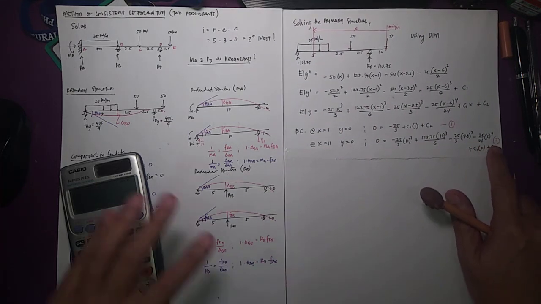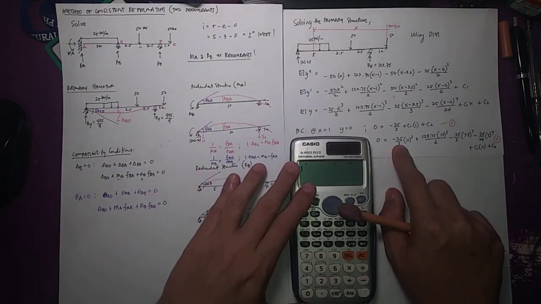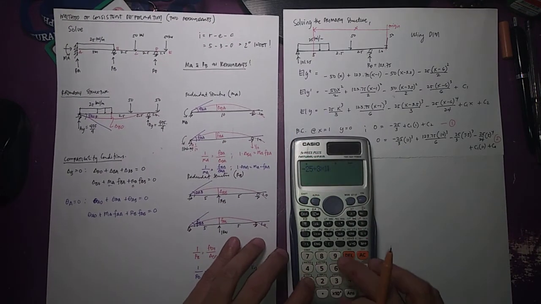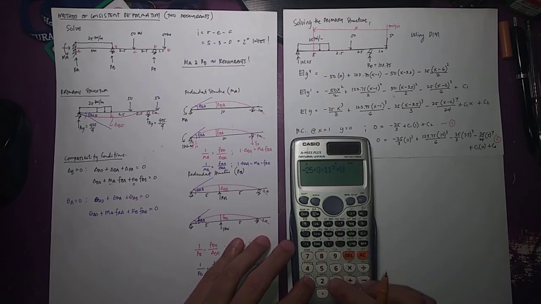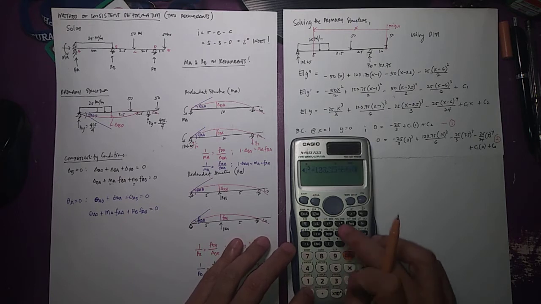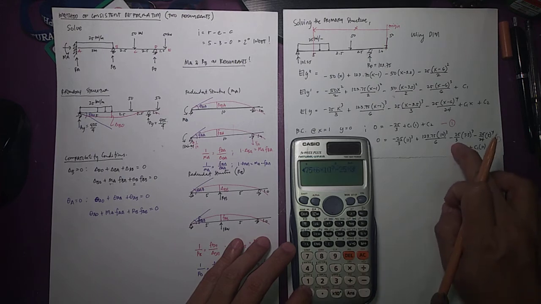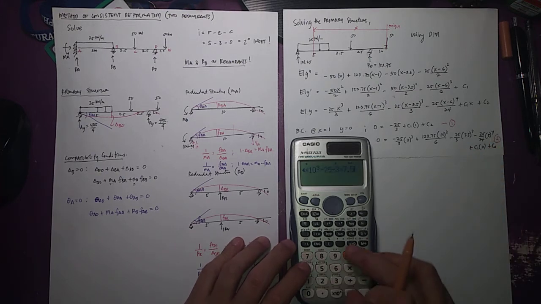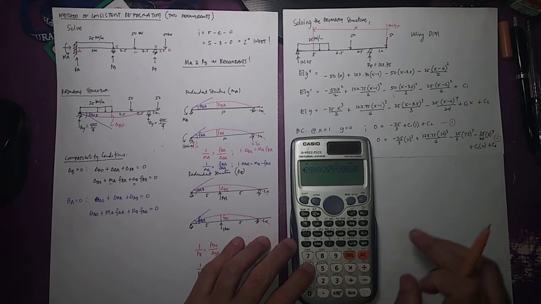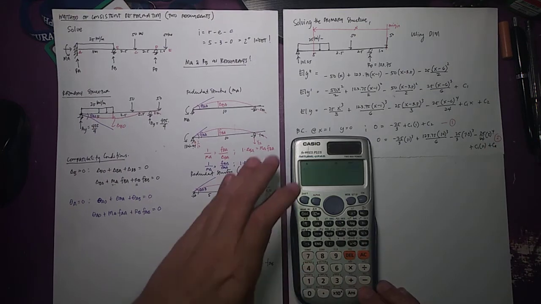Now, simplifying the second equation, this would be negative 25 over 3 times 11 cubed plus 123.75 over 6 times 10 cubed minus 25 over 3 times 7.5 cubed minus 25 over 24 times 5 to the 4th.